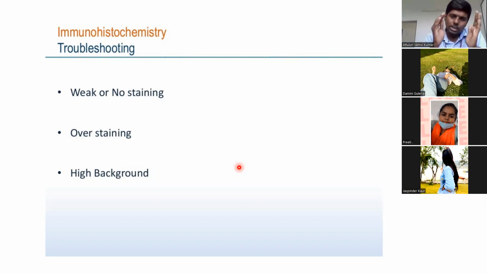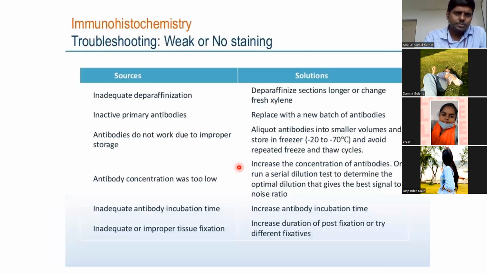So like this, we have certain problems, and let us see possible remedial actions that we can take in order to compensate for the problem that we encountered. Okay, so let us see the troubleshooting things. One source is inadequate deparaffinization. If there is inadequate deparaffinization, how do we remove the paraffin? The sections need to be subjected to xylene for a longer period.